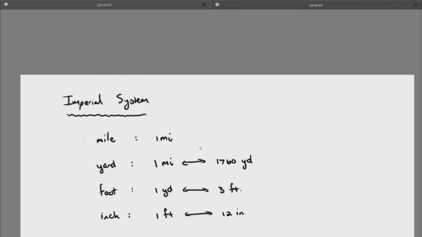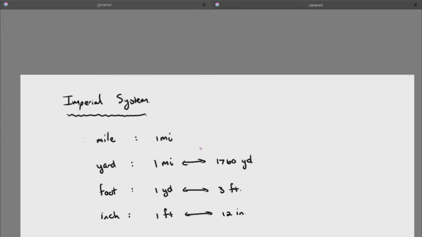A smaller unit is a foot, and a common conversion, I think most people know. Again, these aren't perfectly accurate, but they don't need to be for our purposes to just get the concept. 1 yard is approximately 3 feet. I know these aren't perfectly accurate, but they got refined and more accurate as time goes on.